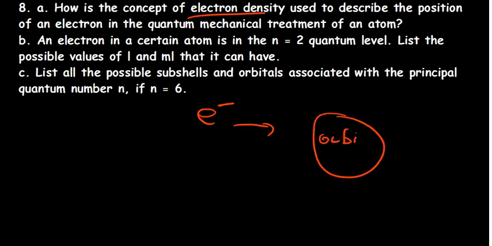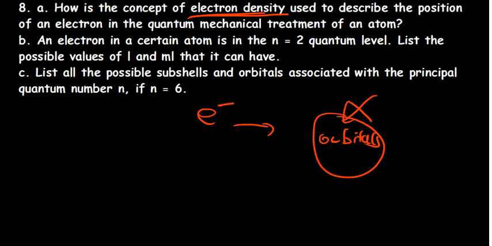So for us to determine or predict the position of an electron in an orbital, we use what we call electron density. Where we have a higher electron density, there is a higher probability of finding the electron. So I'll repeat that: electron density represents the likelihood of finding an electron at a specific location.